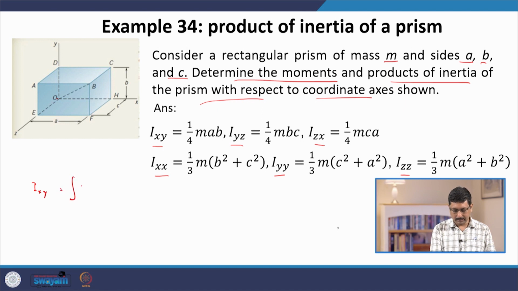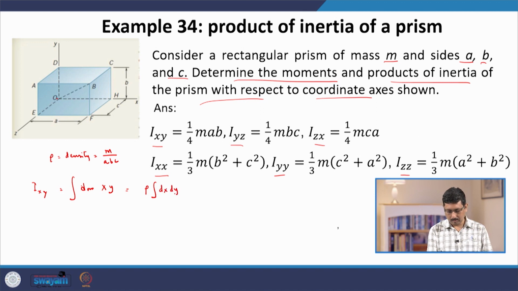Our definition says, if I take any mass element located at x, y, z, then the x coordinate times the y coordinate times the mass element, integrated, will give us the I x y. If the density is rho and this is constant, I take it out, times x y, and this is a rectangular prism.